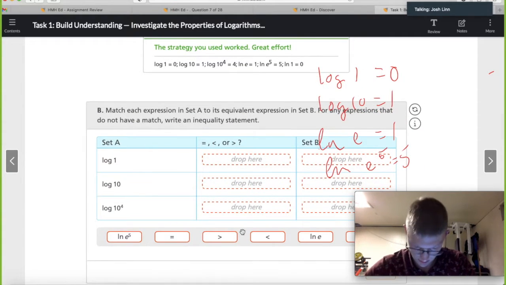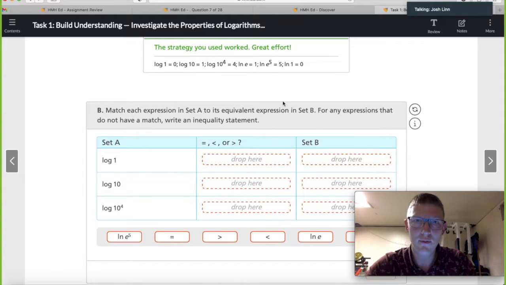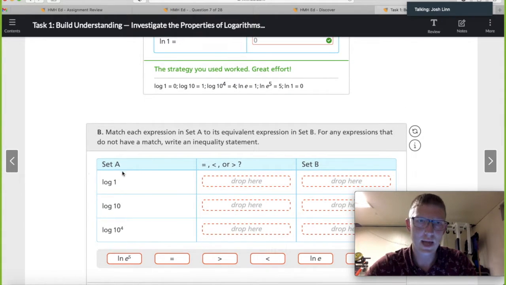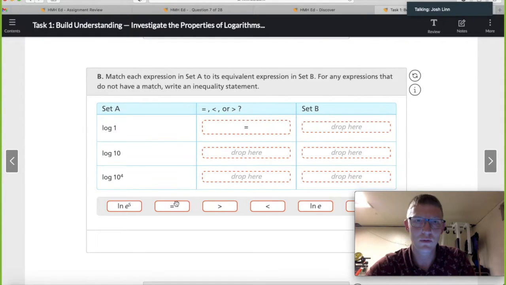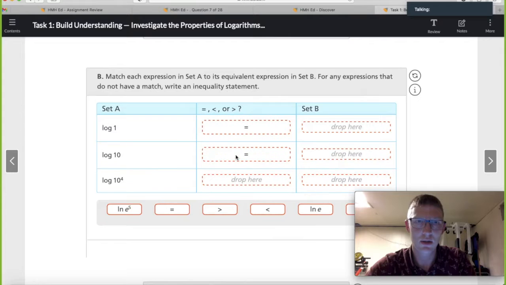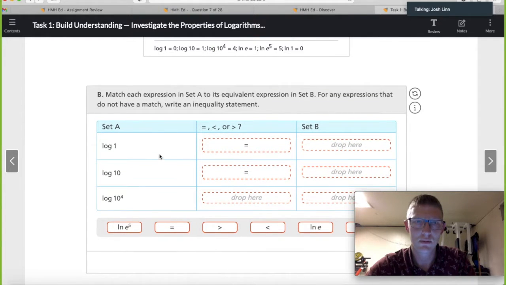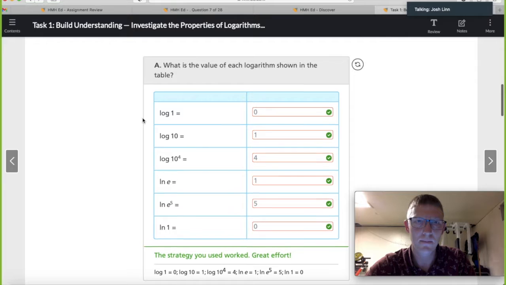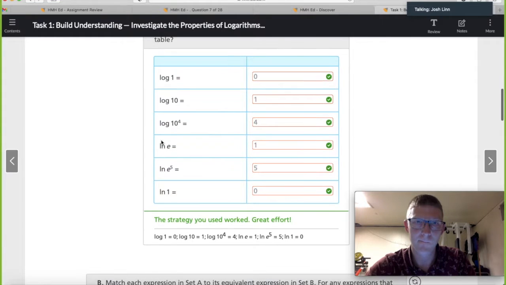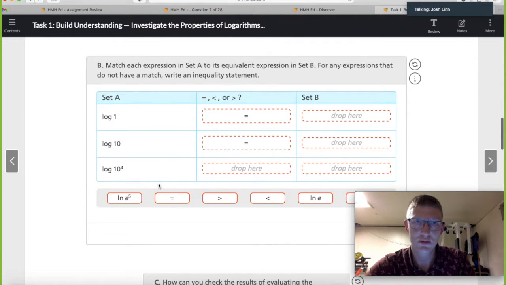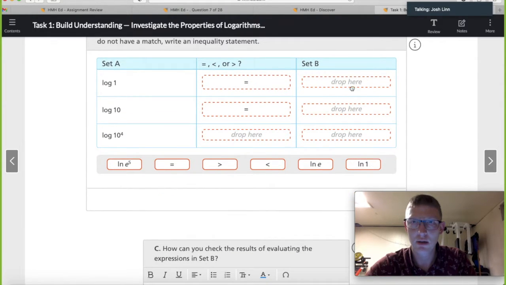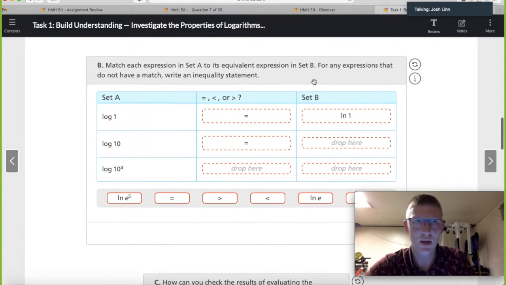Great. So there is a little bit of a pattern here. So we got set A, log of 1, 10, and 4. And set B, so we've got a couple equals here. So anyway, log of 1 was 0. ln of 1 was 0.